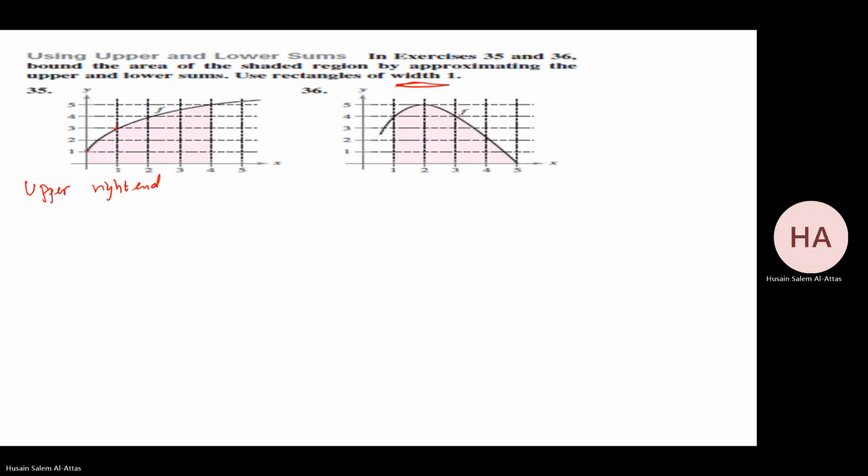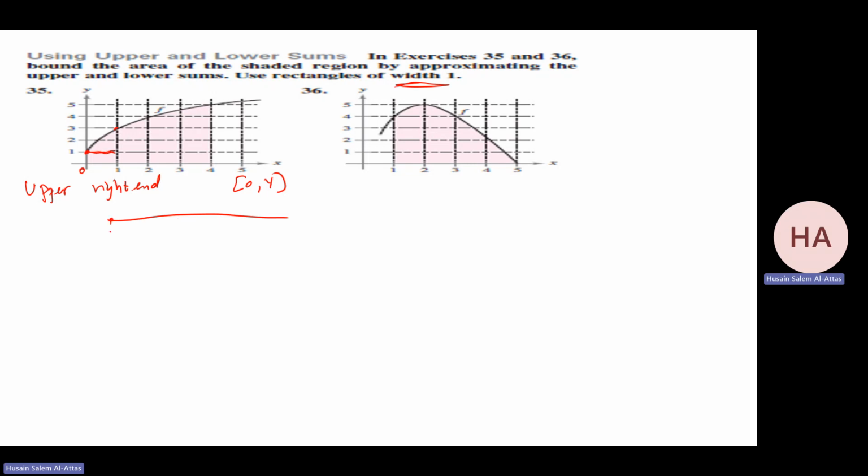Since if you take this rectangle, it's from 0 to 5. So if I use f at 0, how many rectangles? Up to 4. So I have it from 0 to 4. Let me do it like this.